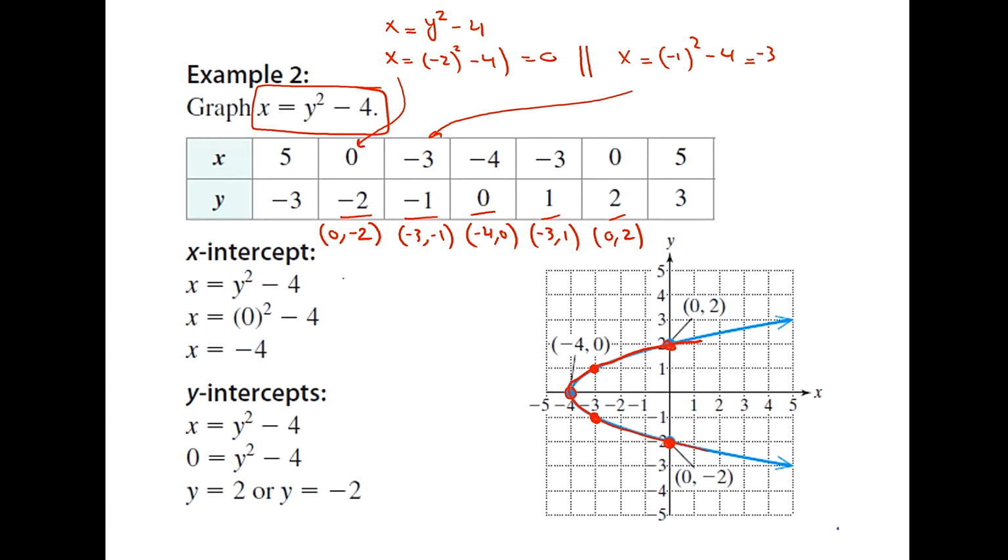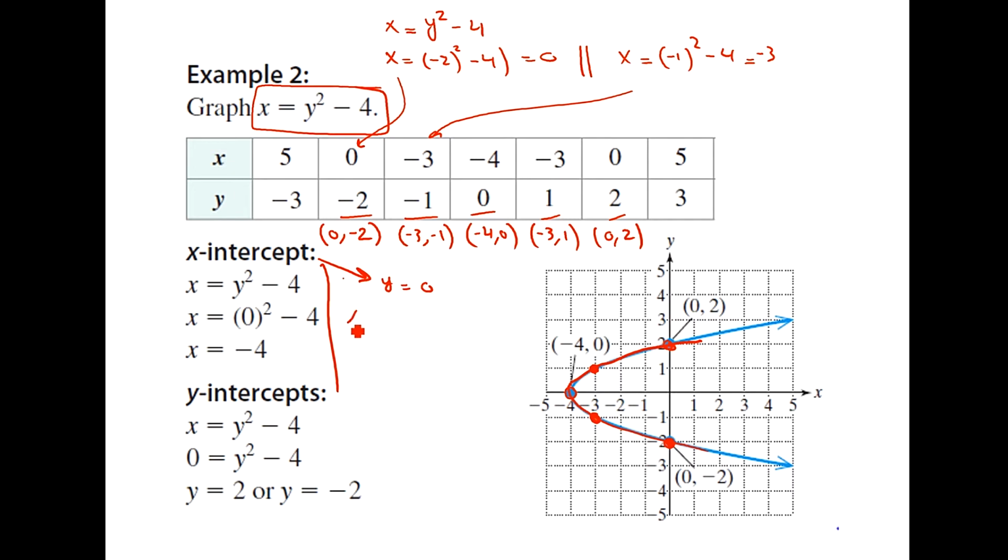How can we find the x-intercept or y-intercept? If we need to find the x-intercept, the value of y must equal 0. X-intercept means y equals 0.